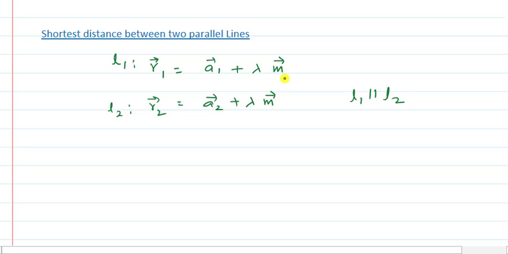L1 parallel to L2, therefore direction ratios are in proportion. So these are the equations of two parallel lines.